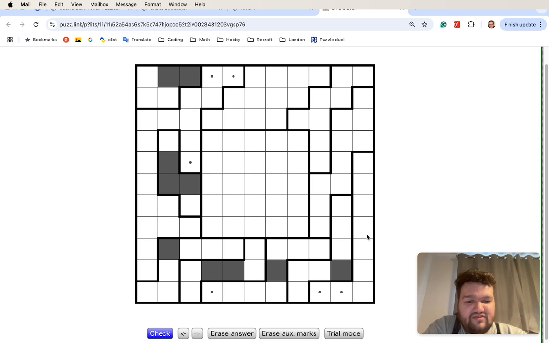Now we have 7, and also now I know that in this region it will be an I tetromino, which means that any tetromino that will touch it cannot be an I tetromino. That's the main usage of that rule, that two touching tetrominos must be different.